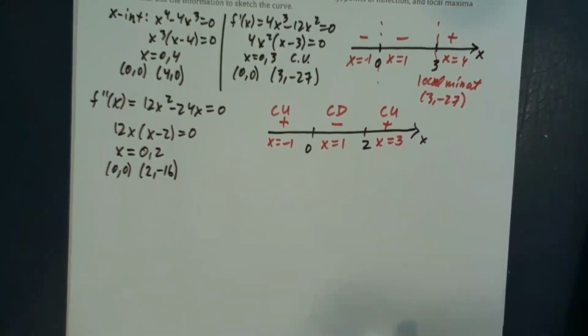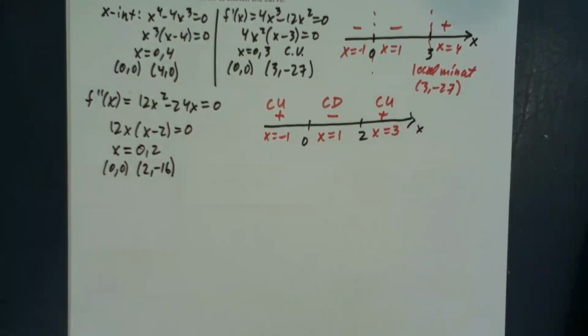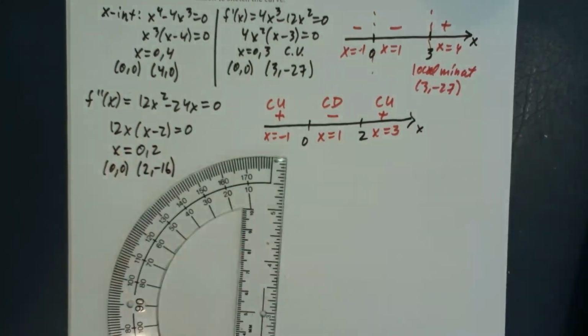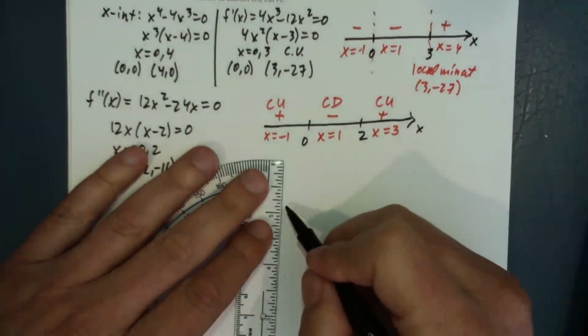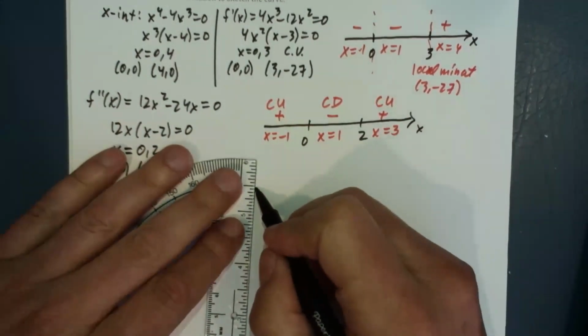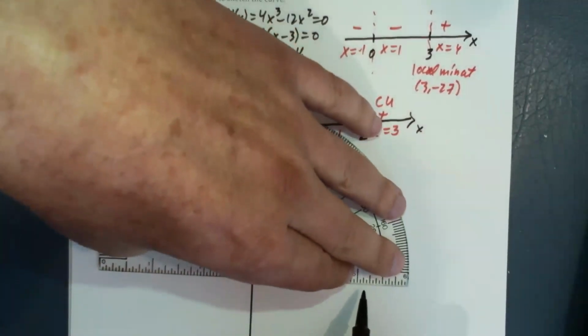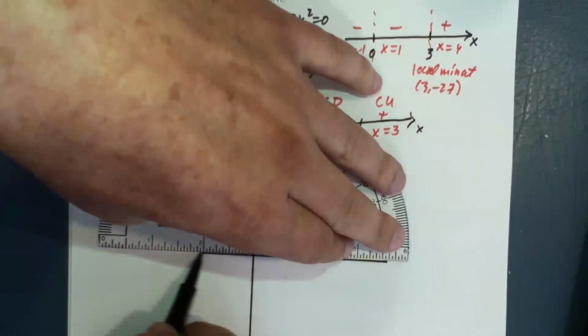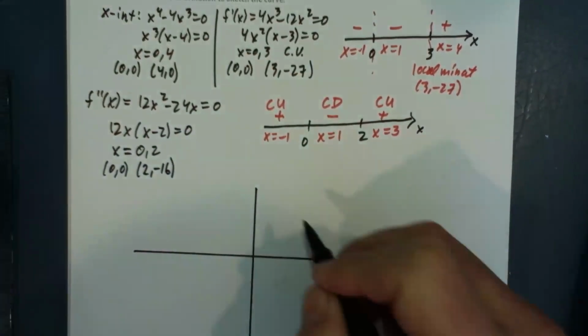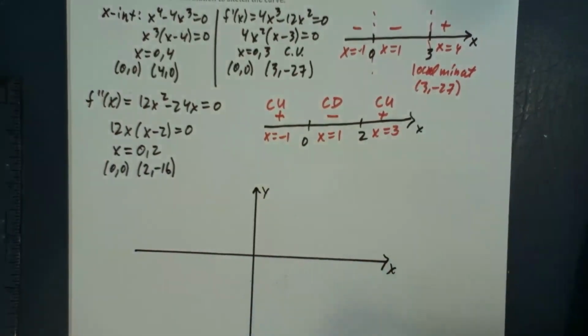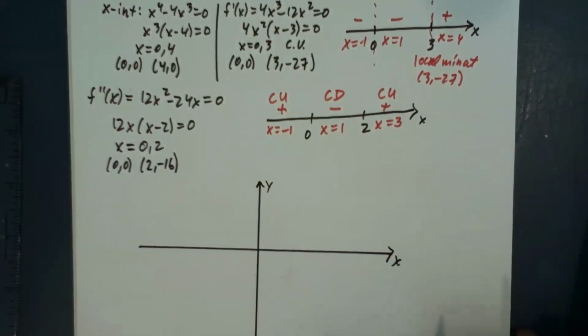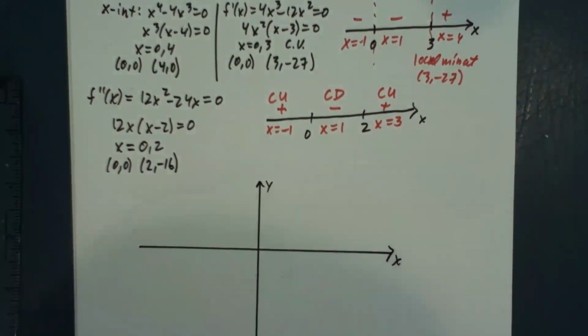So let's push that up a little. All right. So (0, 0) is a very important point on this one.